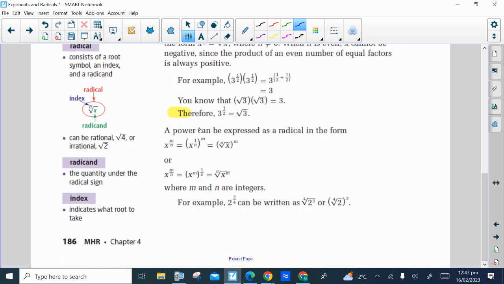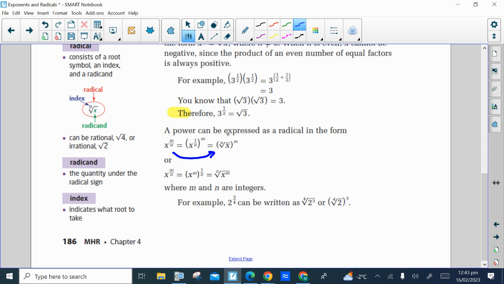So down here it says a power can be expressed as a radical in the form x to the m over n. You can write it as x to the 1 over n times m, which we normally wouldn't do. We can go straight from the first expression to the last. Remember, the denominator tells you what the index is. It tells you what root it is. So that's the n root of x. And the top number tells you what power it's raised to.